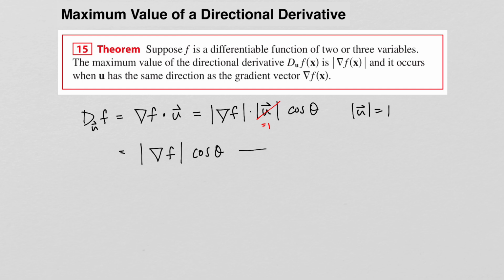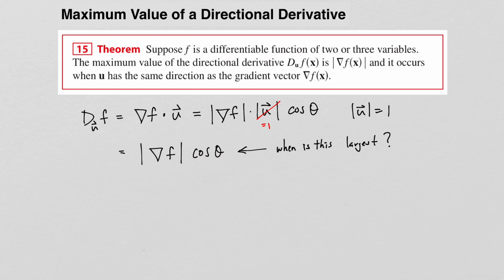Now think, when will this be the largest? Well, we know that cosine has a maximum value of 1. So if I have a quantity multiplied by cosine, this is going to be its biggest when cosine is equal to 1.